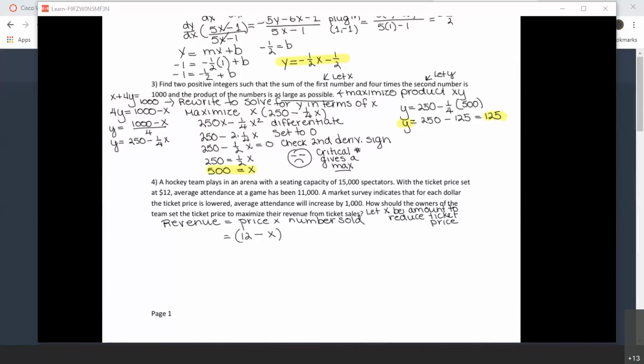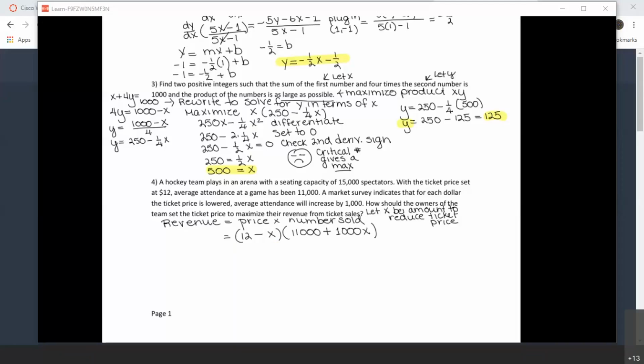But remember, for each dollar, let's say X is in dollars, for each dollar I lower the ticket price, I'm going to get 1,000 more people above my 11,000 in the stadium. So the number sold will be 11,000 plus 1,000 X.